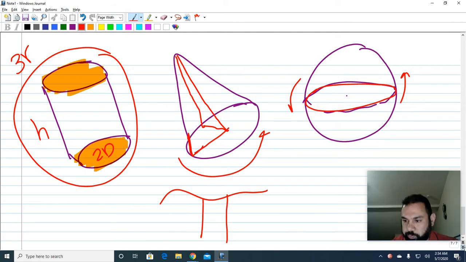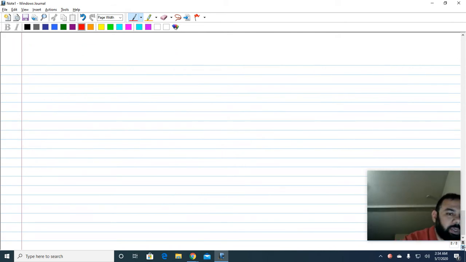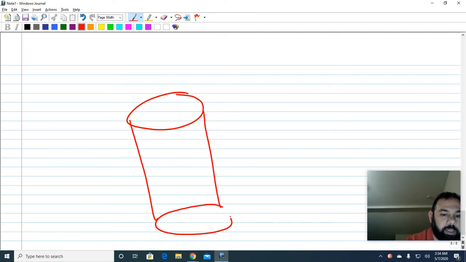So let's see. For a cylinder, if I have a cylinder like that, we said we have two bases that are circles connected with a height.